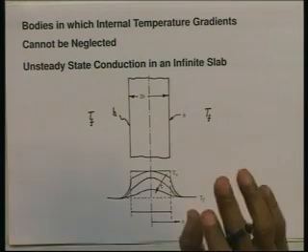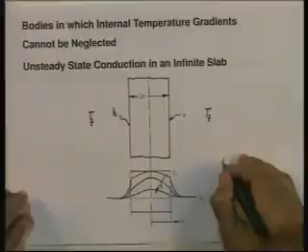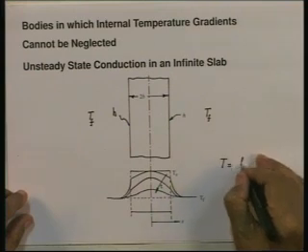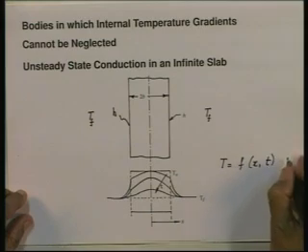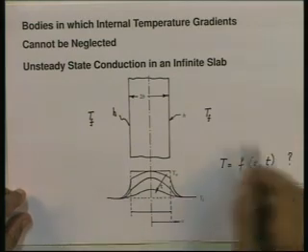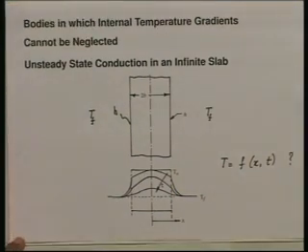Initial temperature T 0, surrounding fluid temperature T f, heat transfer coefficient on both faces h. Find the temperature distribution as a function of x and time. Find T as a function of x and time inside this slab. That is the problem.